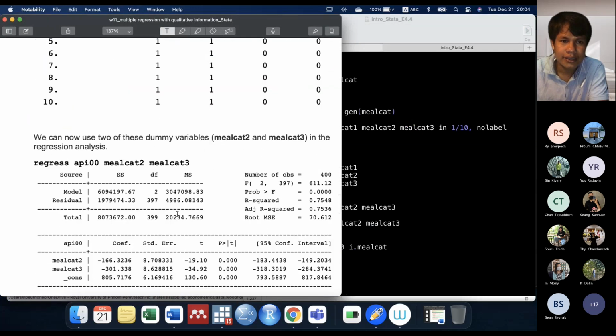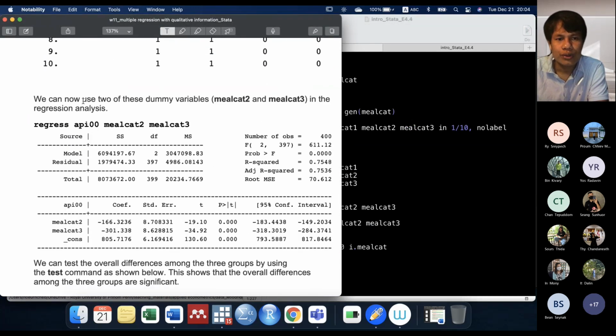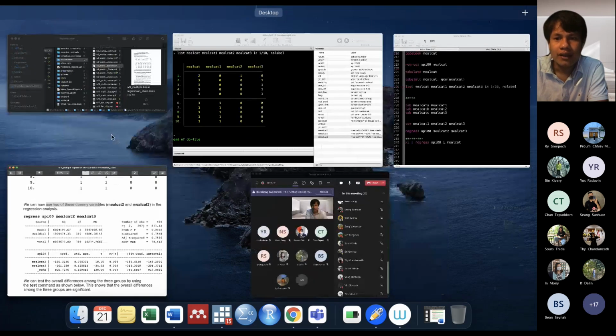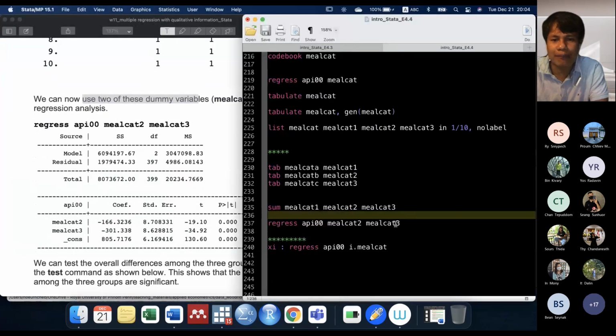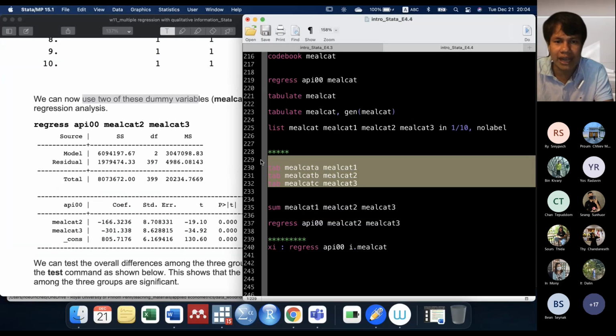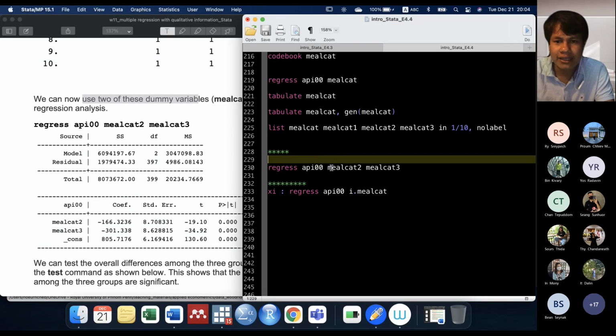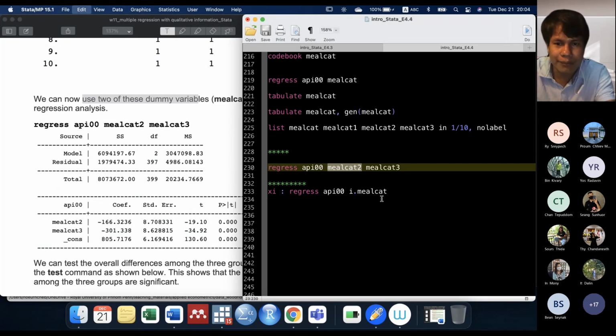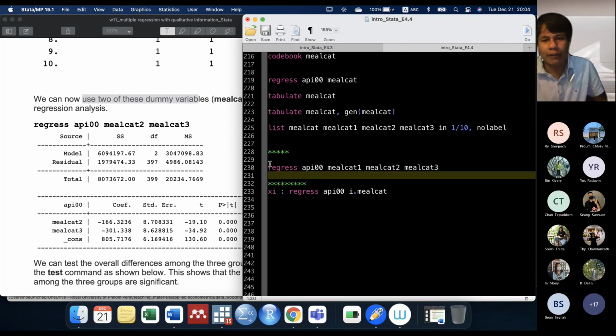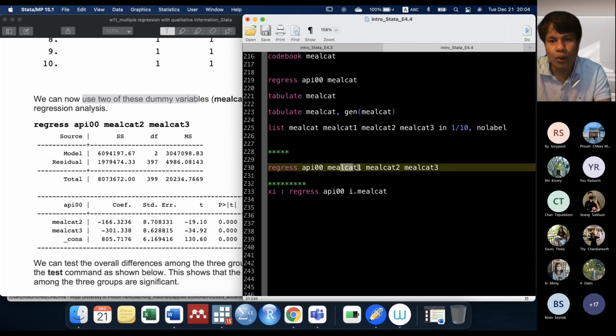We now use 2 of these dummies in the regression analysis. Now, assuming I want to run a regression with all the dummies, I run regress FP00 Meerkat 1, Meerkat 2, and Meerkat 3.